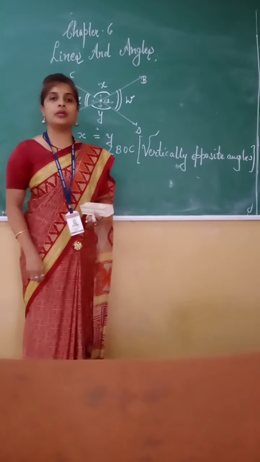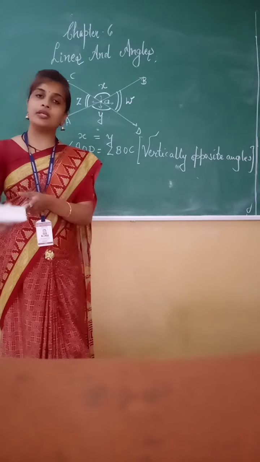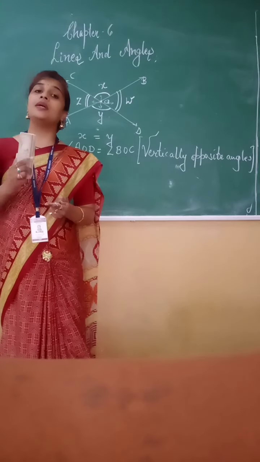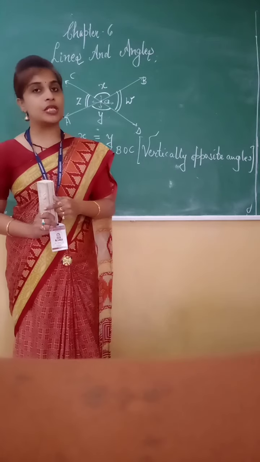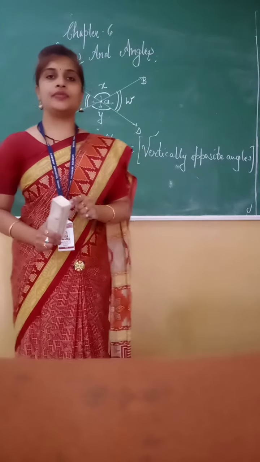How will we prove here that vertically opposite angles are equal? We are told that vertically opposite angles are equal, but how will you prove that vertically opposite angles are equal? This is our first theorem of the chapter.